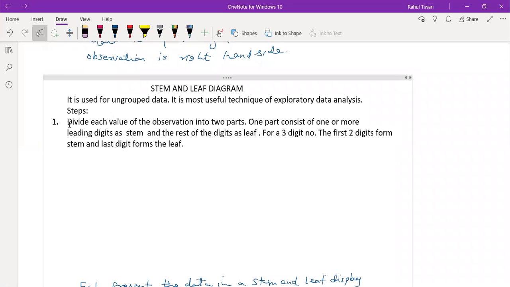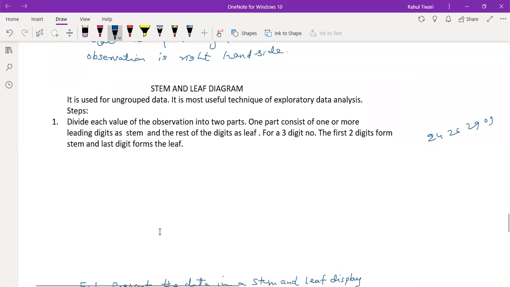अभी यहाँ पे I was talking about something called leading digits. Leading digits क्या होता है? Suppose as I told you, I have numbers like 90, 24, 26, 29 and somewhere I have a number, let's say 09 or simply a 9. ध्यान से देखोगे तो ये सब 2 digits हैं but this digit is a single digit.